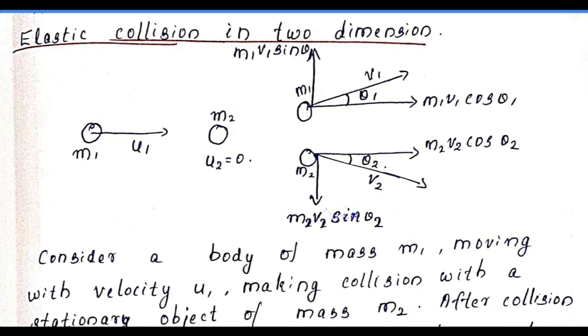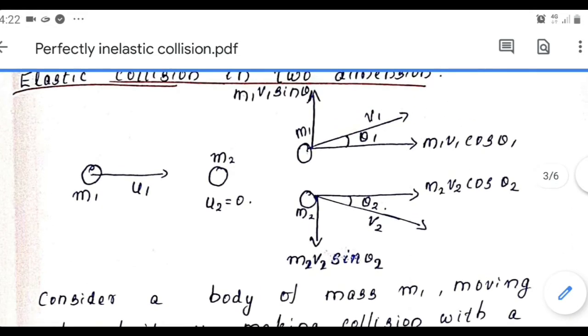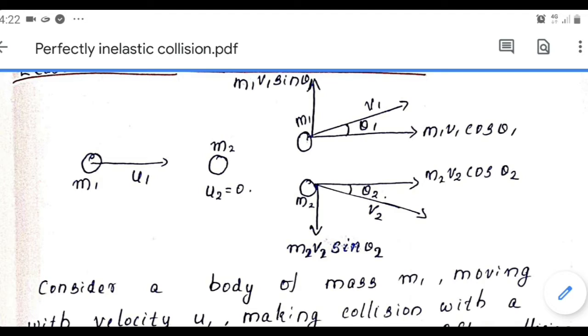So in the simple case, we consider a fast moving object making collision with a stationary object. That means the first body of mass m1 is moving with a velocity u1 and the second body is at rest, that is u2 is equal to 0. After collision, m1 and m2 move in two different directions with velocities v1 and v2.